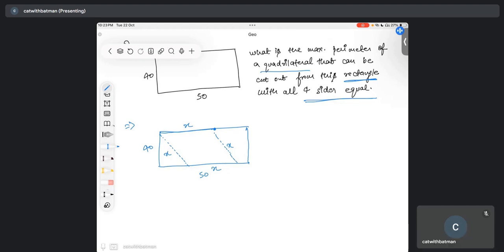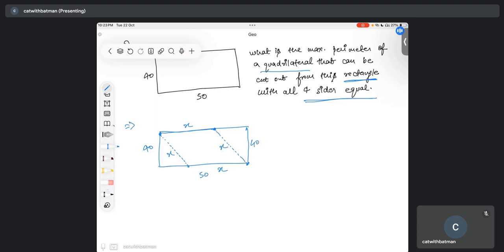I think I have made some mistakes over here. So we'll have to do this, right? Then only this will be X because this is coming from here till here. So this is X and this is also X.